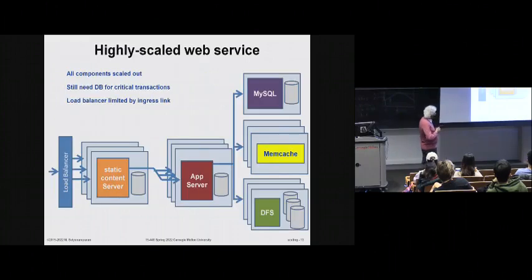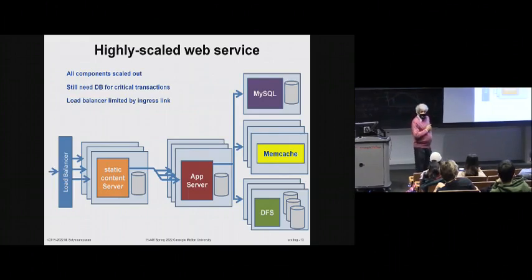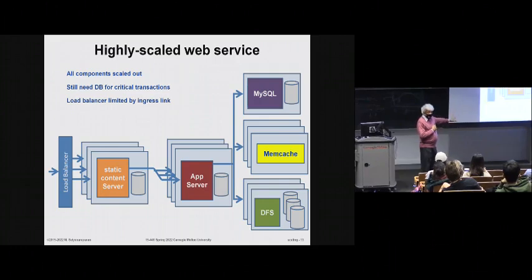So the resulting system looks like this. You have a load balancer, and how sophisticated this load balancer is depends on what your system does. I just explained this to you. You have scaled out web servers here. You have scaled out application servers. You have scaled out distributed file system.